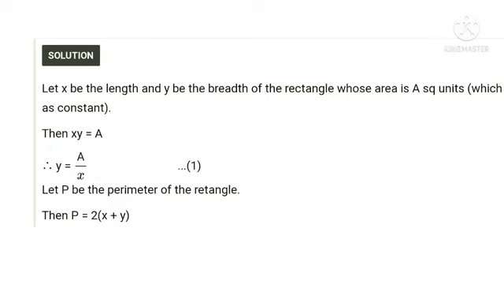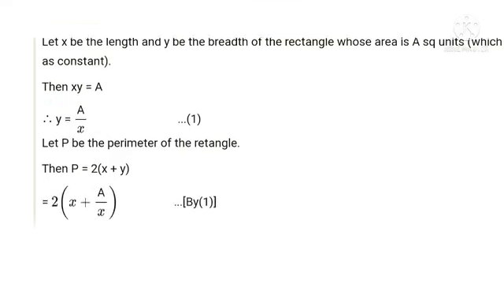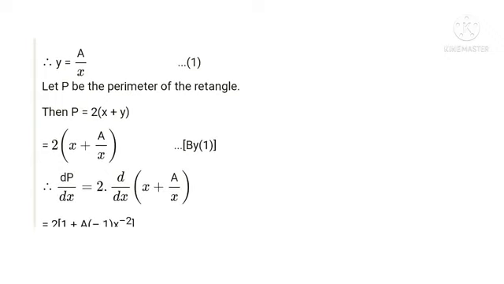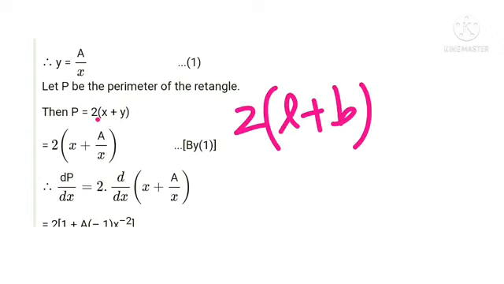Now let p be the perimeter of rectangle. Then what is the perimeter of rectangle? You know, perimeter of rectangle is equal to 2 into bracket l plus b. Here l means x and b means y, so you get 2 into x as it is, y is a upon x.